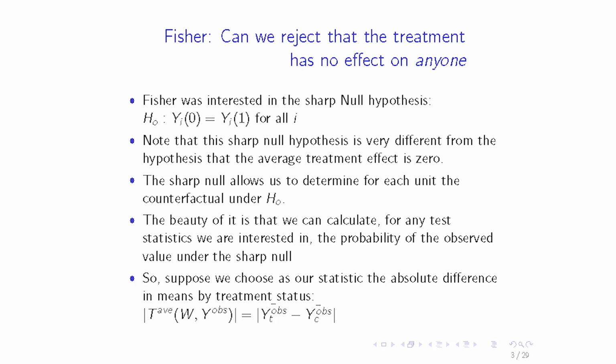Okay. So what is very convenient about this sharp null is that it solves us magically the missing data problem, because under the null, we exactly know what the potential outcome would have been, because we observe either a yi of 1 or yi of 0.